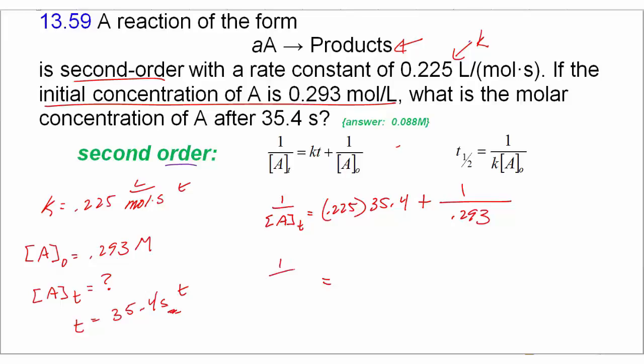We're going to get everything on that right-hand side and then just flip it, and we'll have our answer. 0.225 times 35.4 equals that, plus 0.293, flip it, 1 over x, hit equals. I get about 11.38. So flip that, and I'll have my answer: 0.088. That's my final answer.